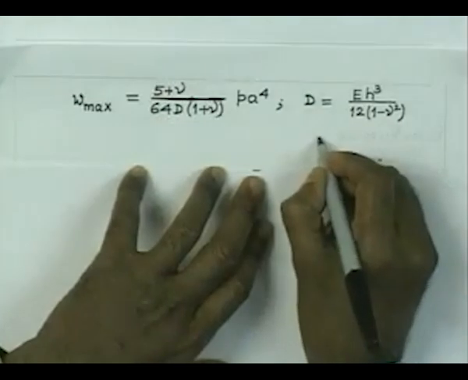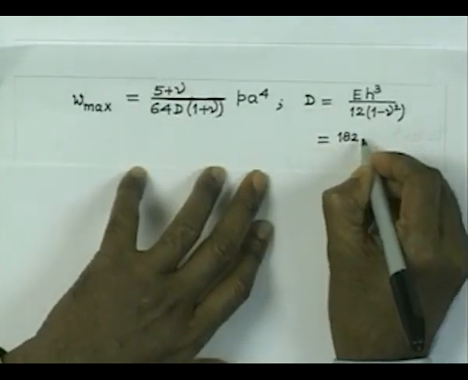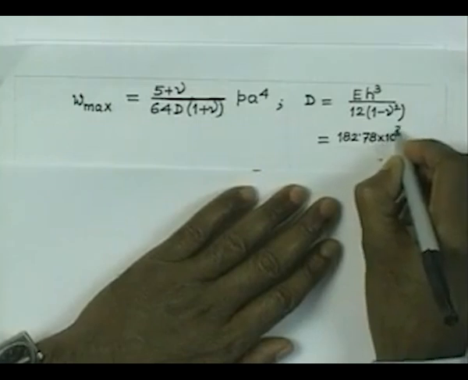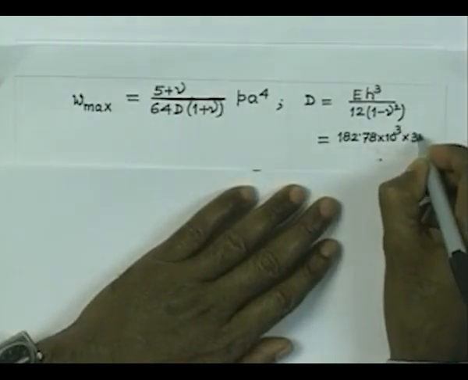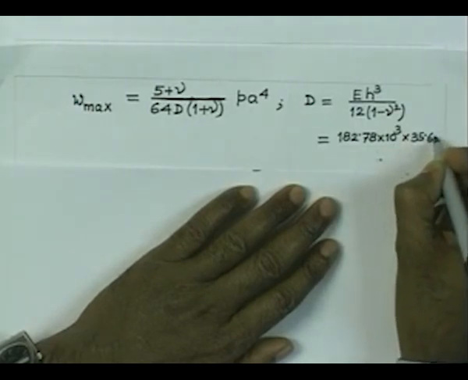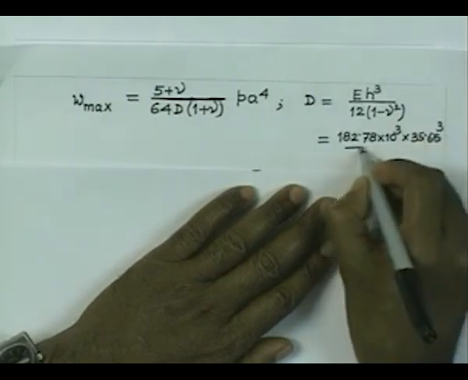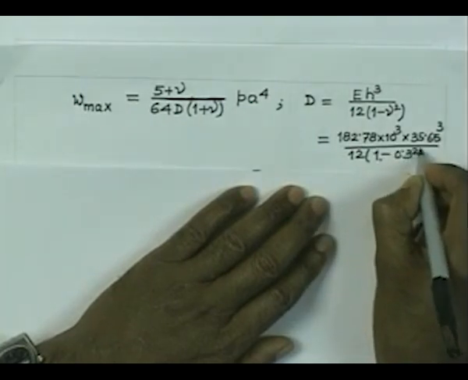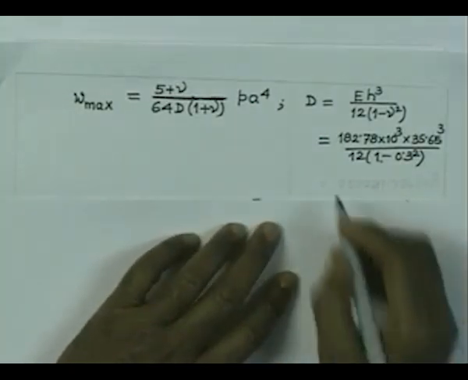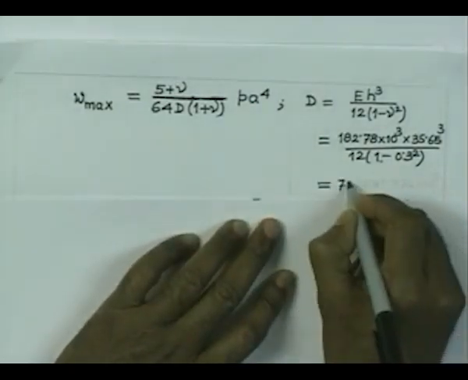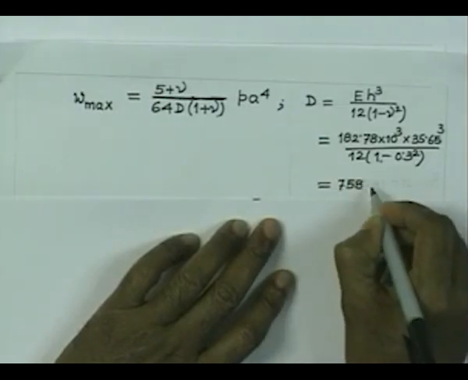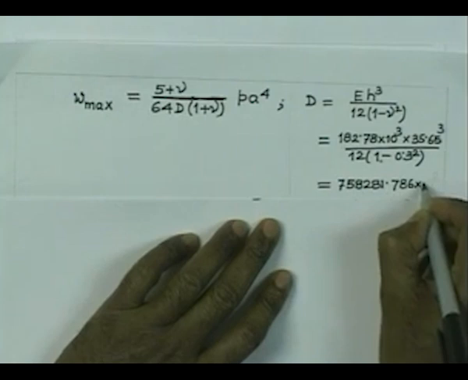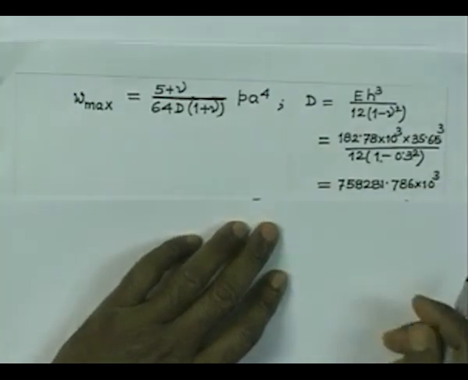Let us substitute the values: 182.78, and if we want to keep it in Newton per millimeter square units, then it will be simply 10 to the power 3, and this is 35.65 cube divided by 12 into 1 minus 0.3 square, and this gives us 7,58,000 to 81.786 10 to the power 3. It is in Newton millimeter units.